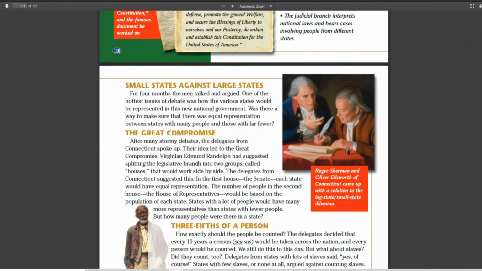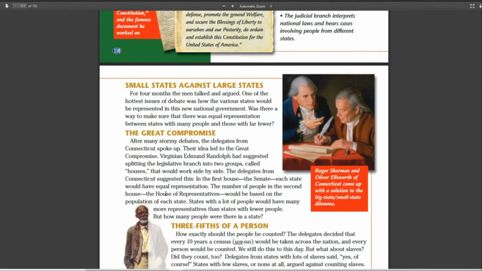One, the Senate, has 2 votes per state. Okay, no matter how big or small, you get 2. There's equal representation in the Senate. The House of Representatives would then be based on population. Okay, the bigger state you have, the more votes you're going to get. So right now, California has 53 representatives and 2 senators.